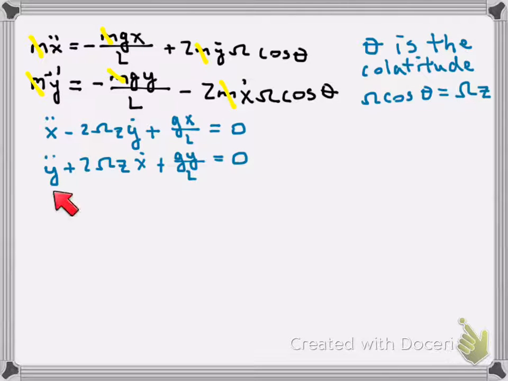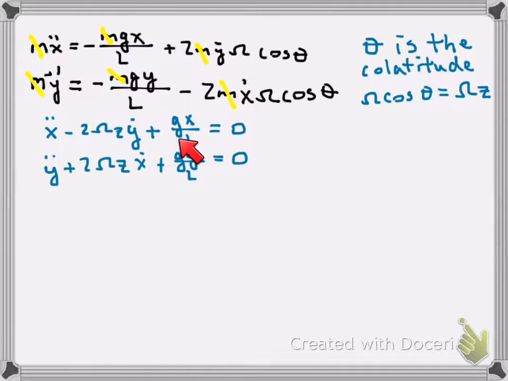And then we do the same thing with the y. We now have y double dot. We have plus 2 omega z x dot from over here. And then we have plus gy over L because we've also moved this term over to the left-hand side. And again, since we've moved everything to the left, that's equal to 0.